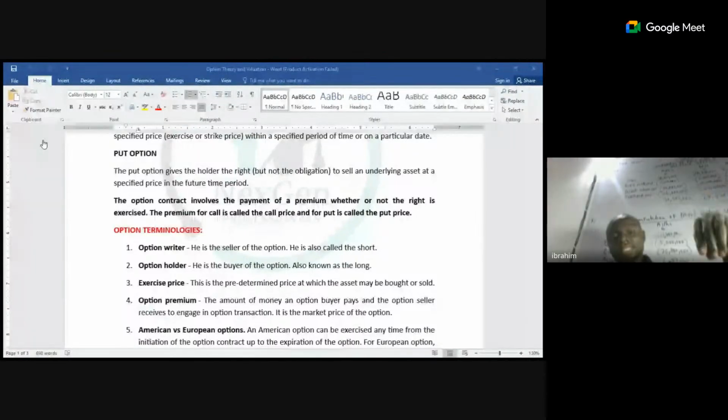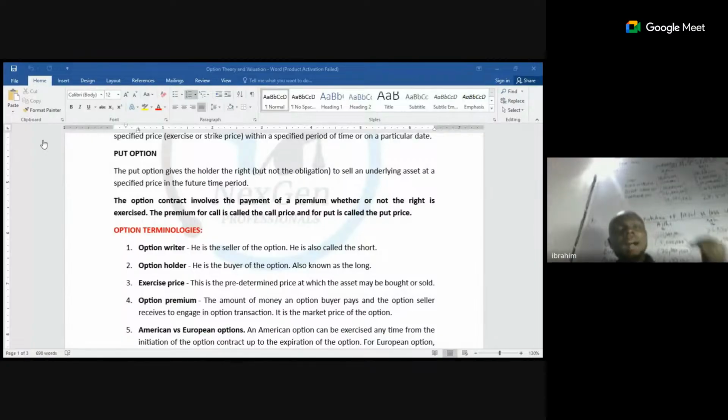The current price, as of today, is what we call the exercise price. The price you will be willing to pay for that underlying asset, or the price at which the seller is willing to sell it, is called the exercise price, or strike price.